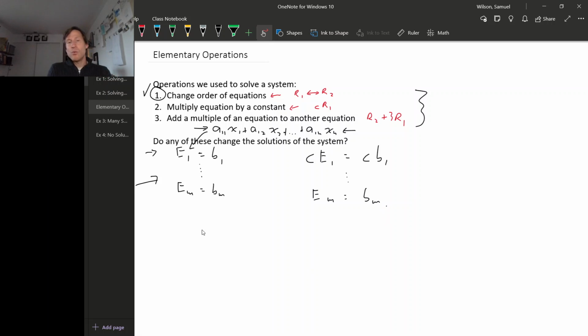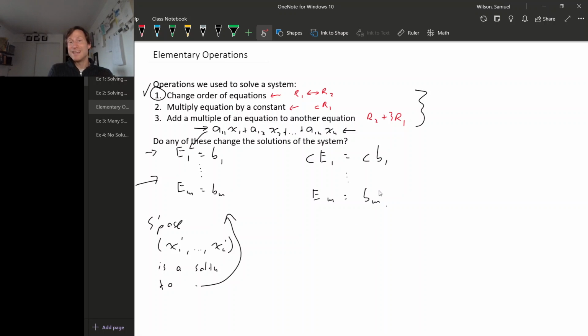Okay, so what we need to do is suppose that we have a solution. So let me say suppose instead of if. Let's suppose that x1 through xn is a solution to this system.